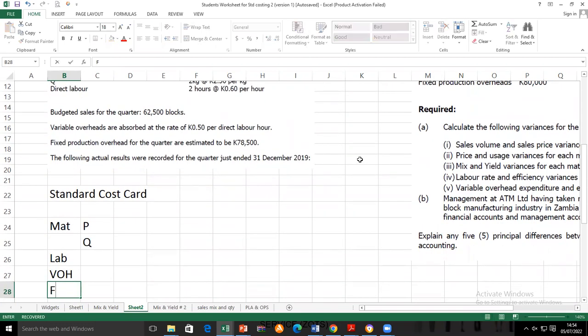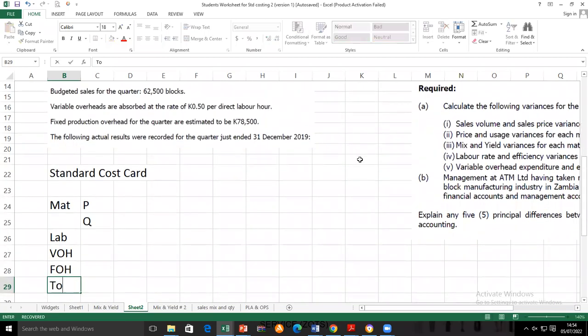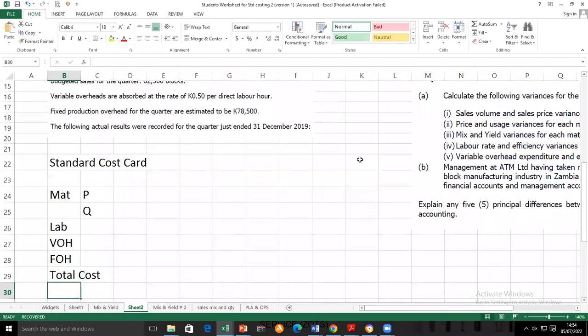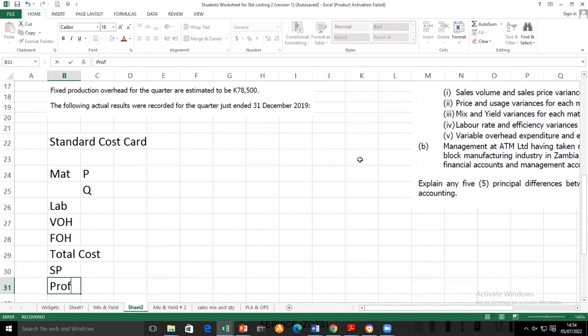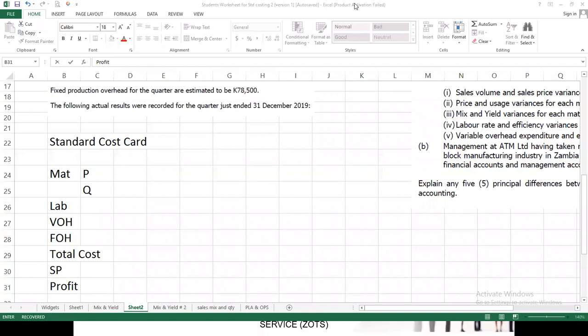We've got fixed overhead. Then you've got total. Total cost. Then you've got the selling price and the profit.